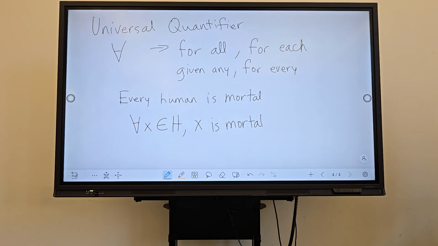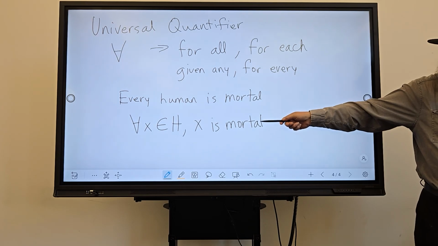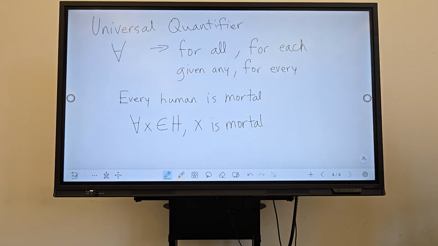So, definition. Let Q of x be a predicate and D the domain of x. A universal statement is a statement of the form, inverted A, x is an element of D, comma, Q of x. It is defined to be true if and only if Q of x is true for each individual x in D, for the entire domain.